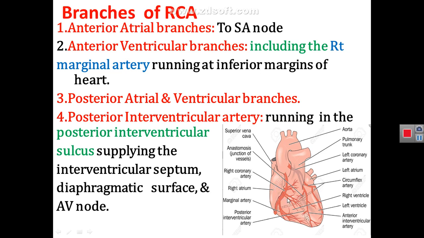Also, at the corner between the right border and lower border, it gives a big branch which is called the marginal artery. You can imagine that this branch, the marginal artery, is one of the many branches supplying the anterior wall of the right ventricle, and they are called anterior ventricular branches.